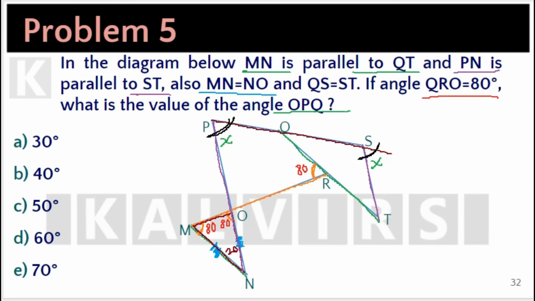Now, the problem states that QS equals ST. Therefore, angle Q is the same as angle T. This is angle Q. Now, have a look at angle N and angle T. They both are formed by the same intersection of parallel lines.